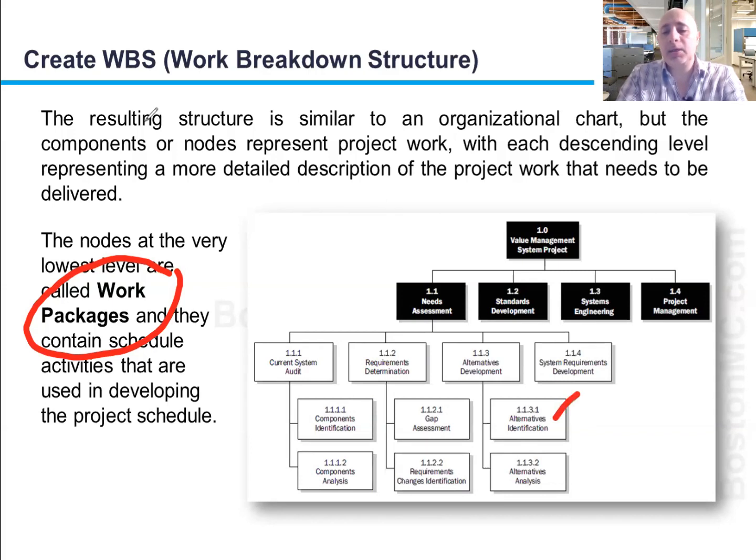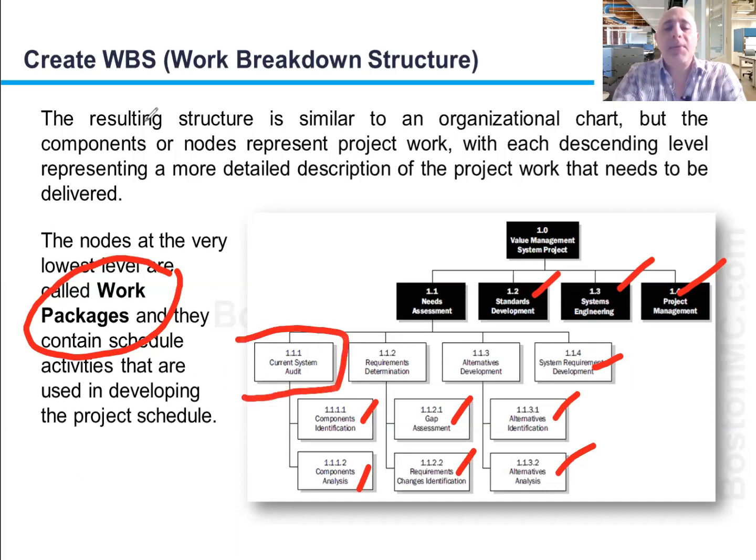So this is a work package, work package, work package. And incidentally, these are all work packages. All the ones that I marked are work packages, and that's because you don't see them broken down into smaller pieces.